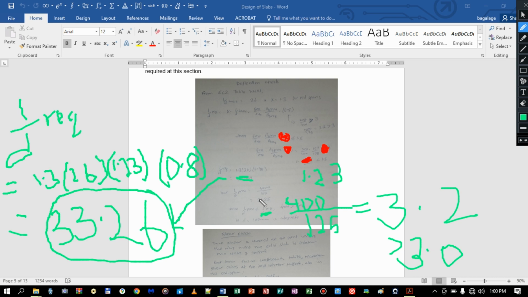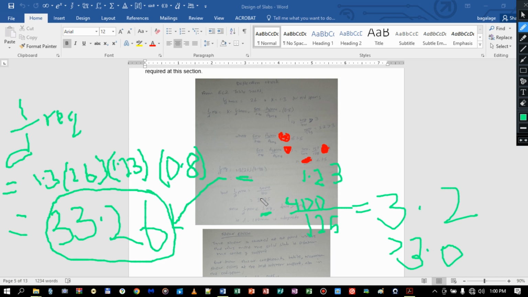Since this ratio is less than the required one, it means its denominator is more than the denominator for the required ratio, whereby our denominator is the effective depth that we provided, 160, which is more than what is actually required.